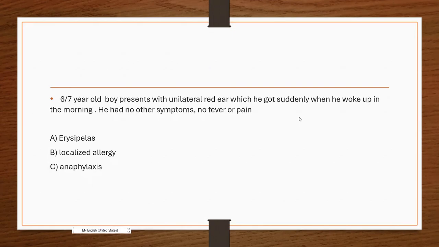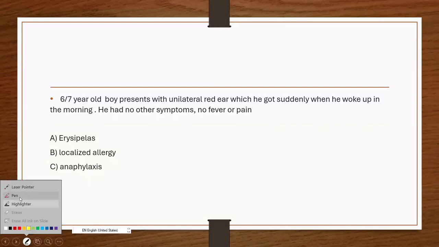So what do you think? Whether this is erysipelas, whether this is localized allergy or anaphylaxis? Okay, so actually all of you think that this is localized allergy. Nobody thinks this is anaphylaxis or erysipelas. Okay, all right.